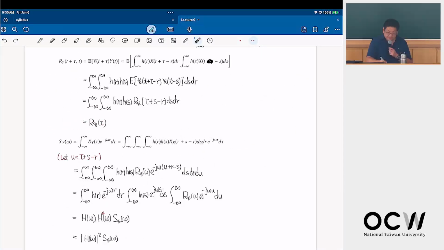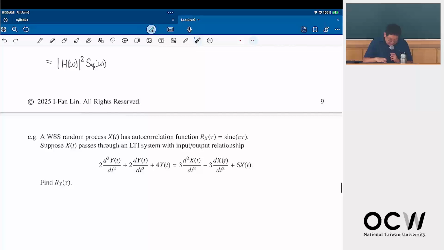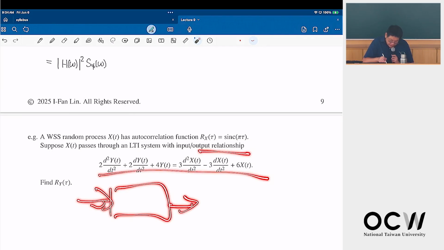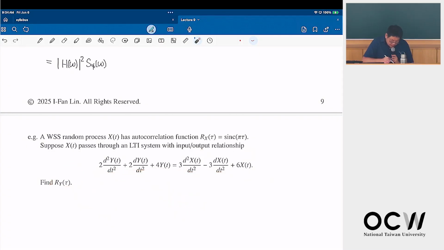Let's see the example. I have a wide-sense stationary x, and we have the autocorrelation Rx is a sinc function. So suppose x passed through the LTI system, and I have an input-output relationship. I need to find the autocorrelation of y. How do we find the autocorrelation?